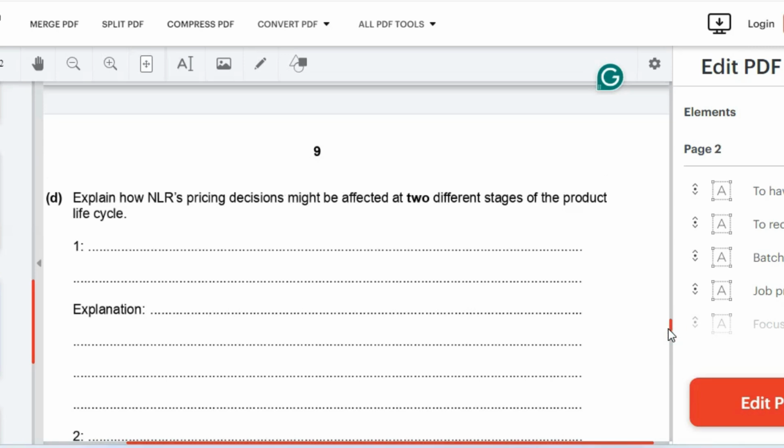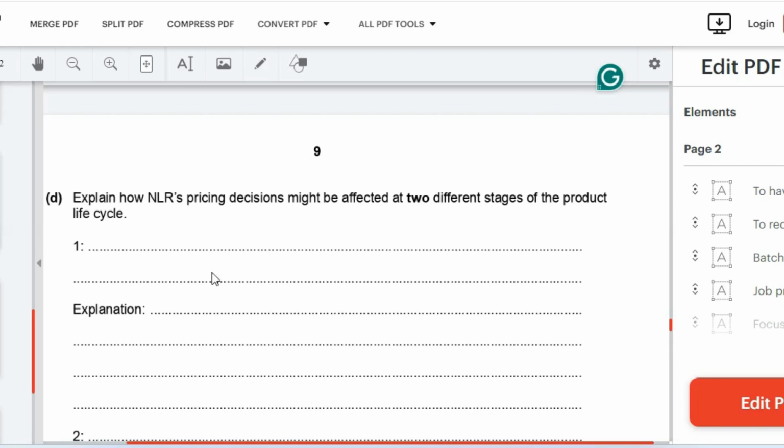Explain how NLR's pricing decision might be affecting two different stages of product life cycle. Of course, for product life cycle we have the introductory stage, growth, and maturity, but we are just told to mention two different stages of our choice.